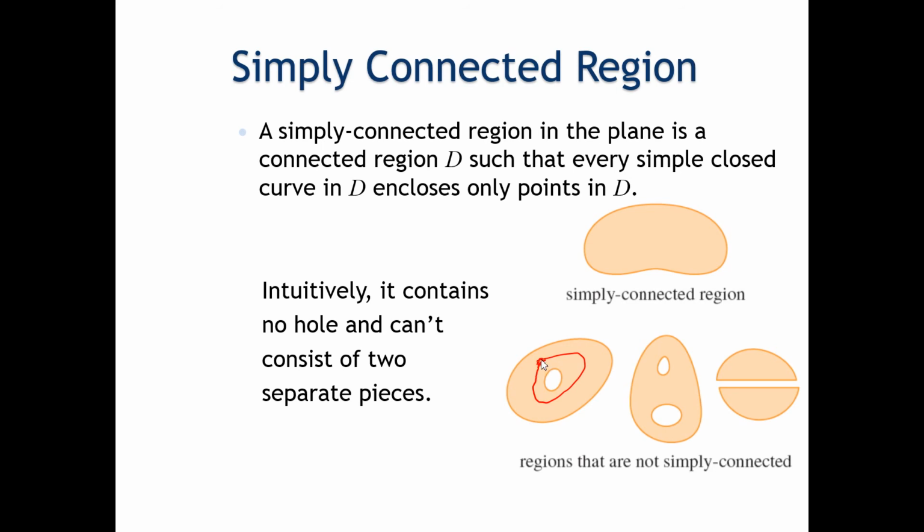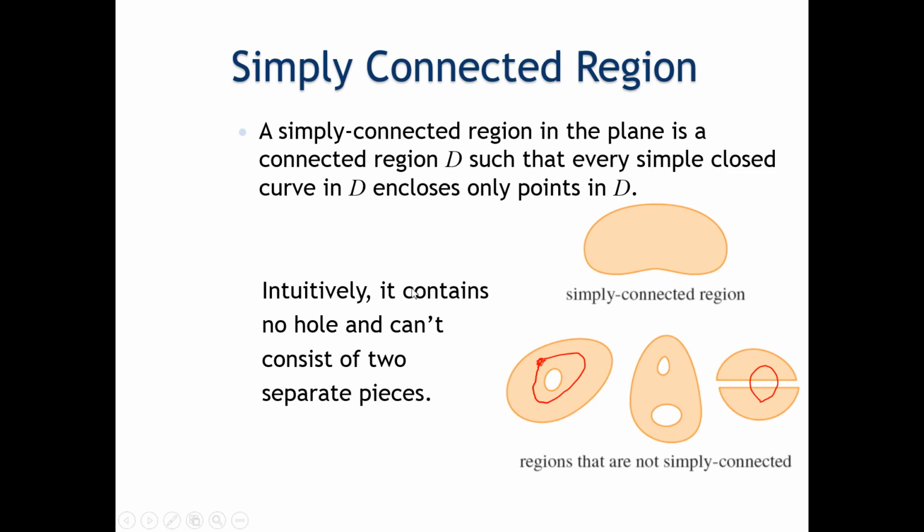But it does not contain only the points of region D. It contains this hole as well, and these are not the points lying in the region D. Okay, so this is not a simply connected region. Similarly, this is not a simply connected region. Similarly, this is not a simply connected region, because when we draw a curve like this, it does not contain only the points from the region.